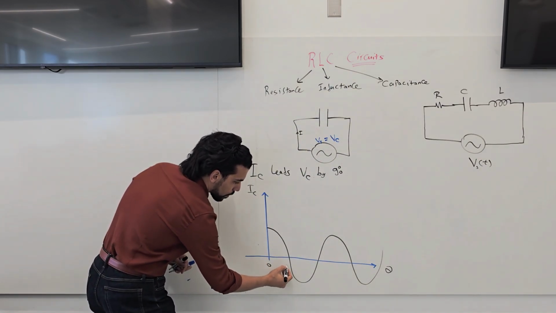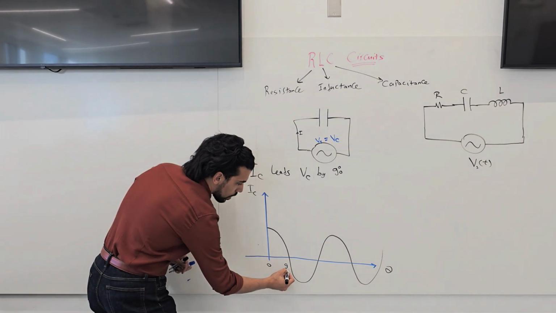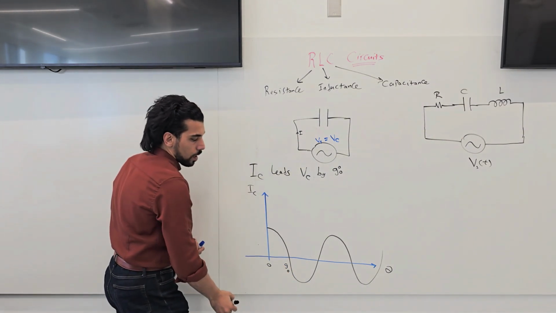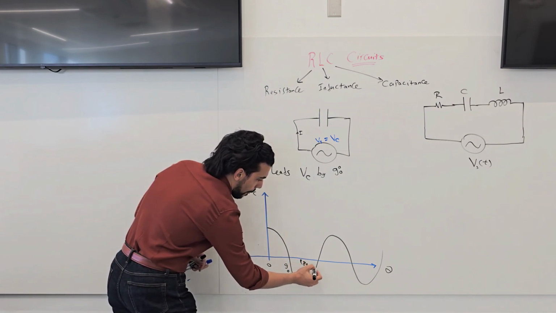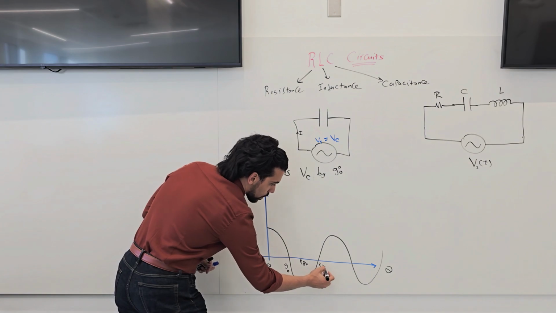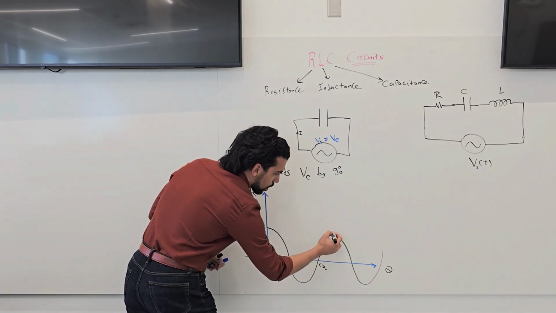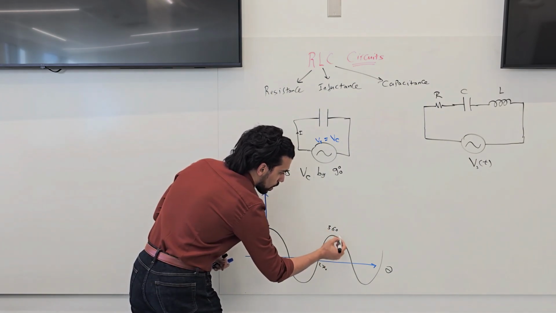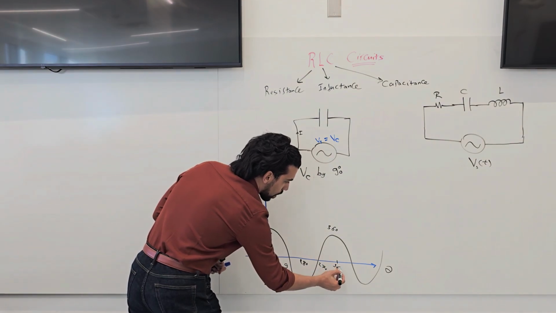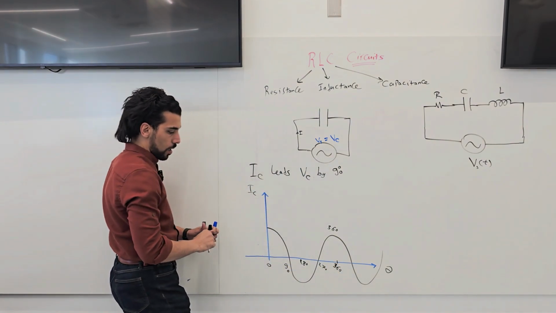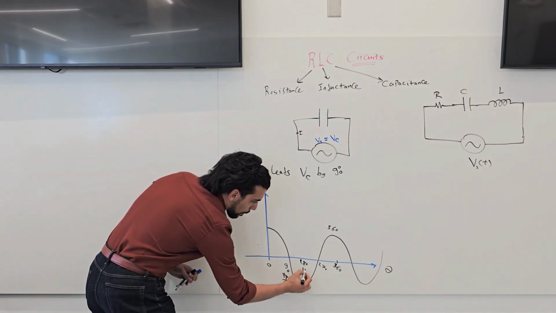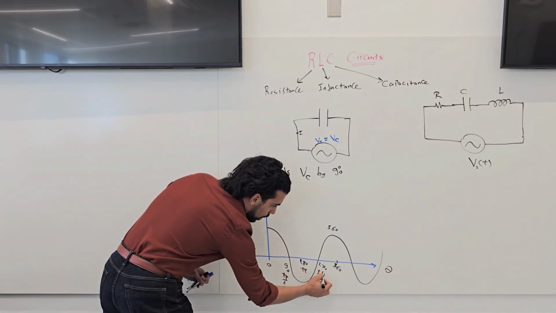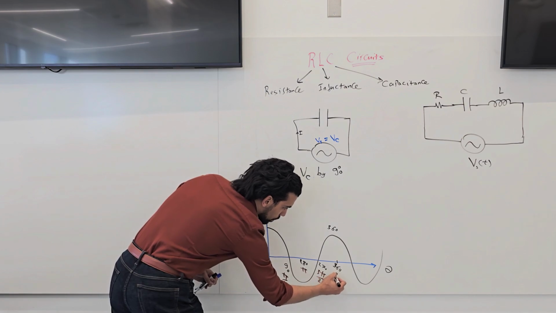Let's say this one is going to be 90, this one 180, this one 270, and this one is 360 to have a complete cycle, which is also equal to pi over 2, pi, 3 pi over 2, and this one is 2 pi.